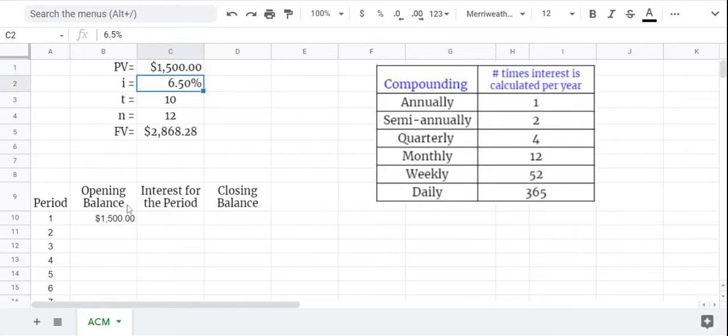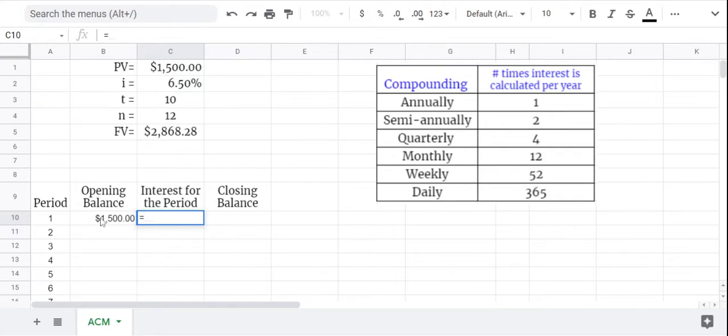That's my initial value. The interest for the period is a formula. I have to calculate it, by taking my initial value. So I'm going to come here and enter equal for my formula.